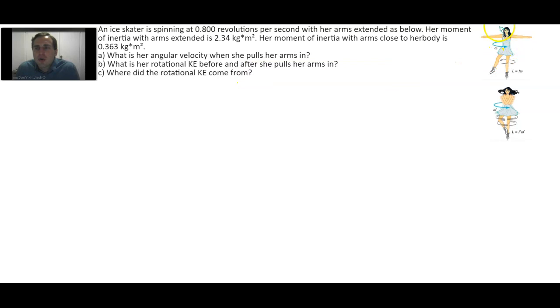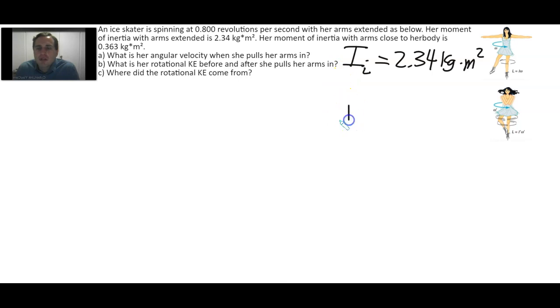Okay, so here is the ice skater with the arms extended. She has a large rotational inertia. So this is going to be I initial, and that's 2.34 kilograms times meters squared. That's her initial rotational inertia.